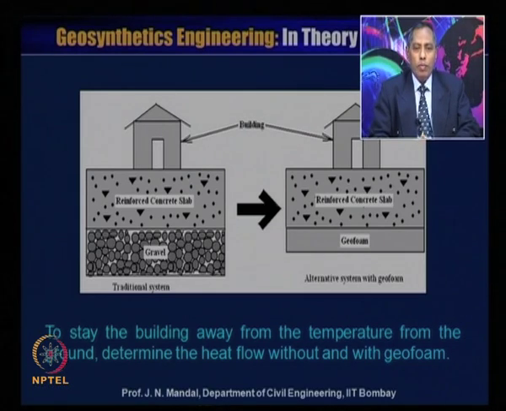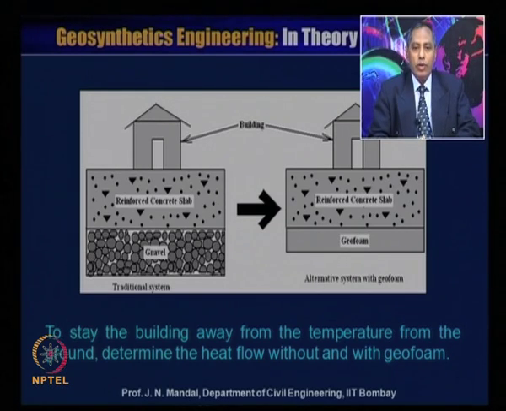Conventionally we build a reinforced concrete slab, and below that we provide gravel, and then you construct the building on the top. This is the traditional system where we adopted gravel as a material.